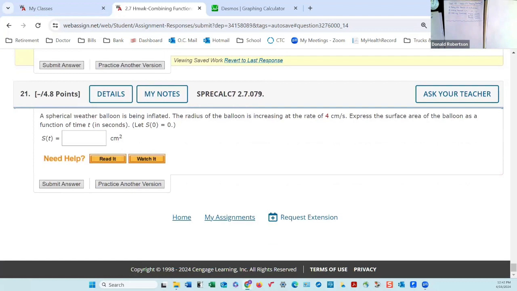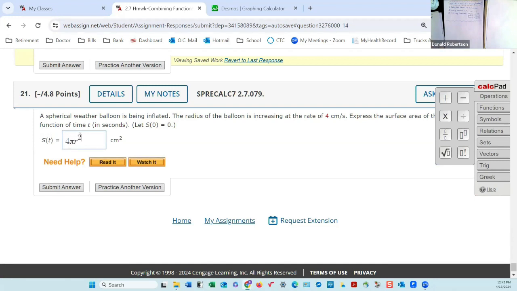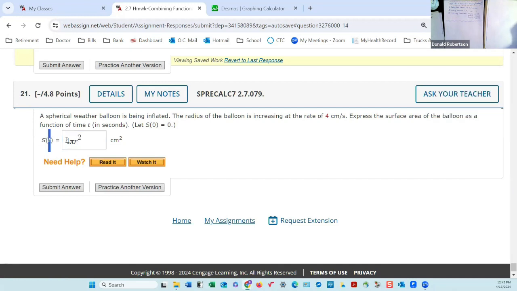Now, last one, a spherical weather balloon is being inflated. The radius is increasing at the rate of 4 centimetres per second, do the surface area. Right, you may want to look up the formula for the surface area. I can tell you it's 4 pi radius squared. And if the question was, what's the surface area using the variable r, that would be correct. But it's using the variable t.